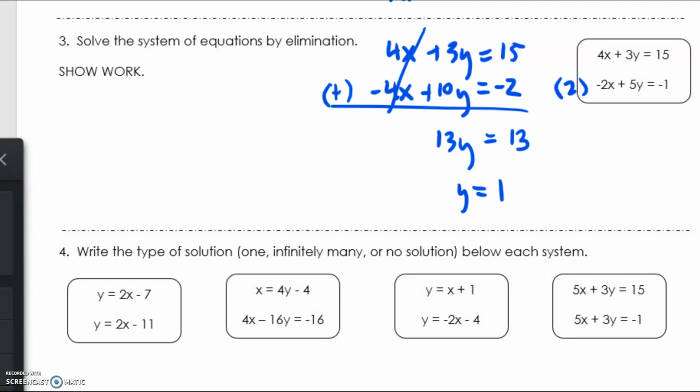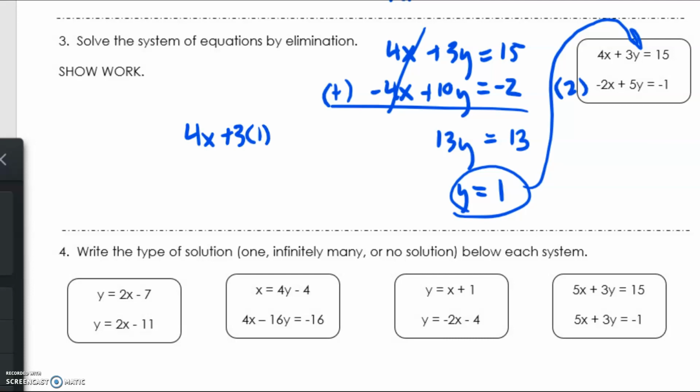Let's take this 1 and plug it into the top equation. 4x plus 3 times 1 equals 15. 4x plus 3 equals 15.